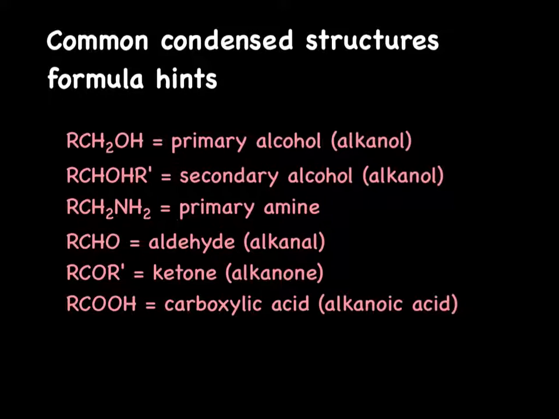In all cases, the letter R is a convention that we use to signify a chain of carbons that are attached to this thing. So we can see that in the first case, in the primary alcohol, the carbon chain attaches to a carbon at the end, and that's where the hydroxide is situated. So the primary alcohol has the hydroxide at the end of the chain. Either end is fine.